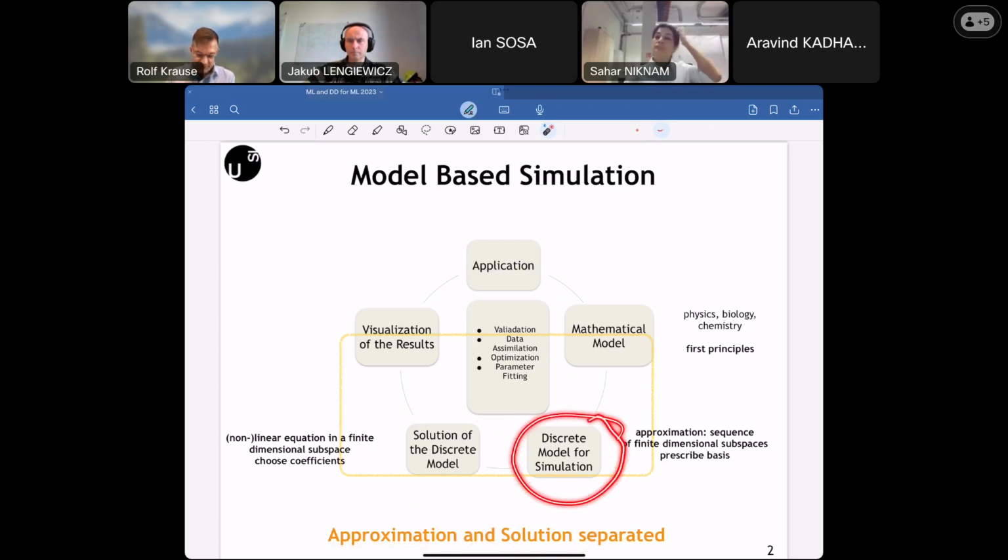So you choose a usually linear subspace, you look for a best approximating element here, and then you compute it. Those are two different steps. This is something a neural network doesn't do. A neural network is mixing everything together, approximation and solution and whatsoever. And so we have less control. And this I would like you to keep in mind.